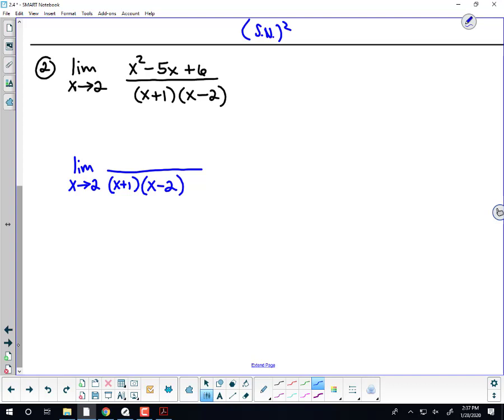Exponents are exponents, too. The function on the numerator is x minus 3 times x minus 2. So these two factors divide out.